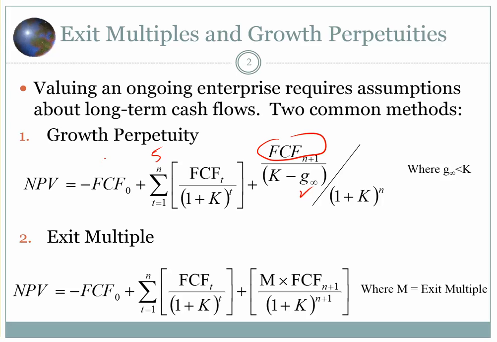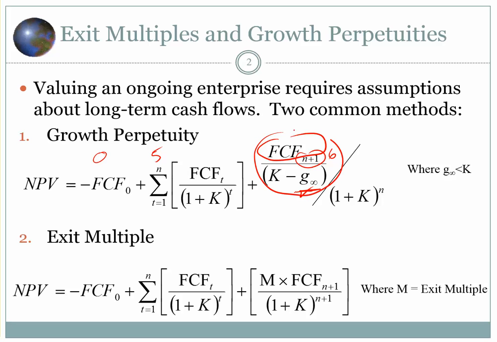So I estimate today's cash flow of F0. Then I estimate cash flows for years 1, 2, 3, 4, and 5. Now when I get to, say, year 6, I know that this cash flow is going to grow at some constant rate G.